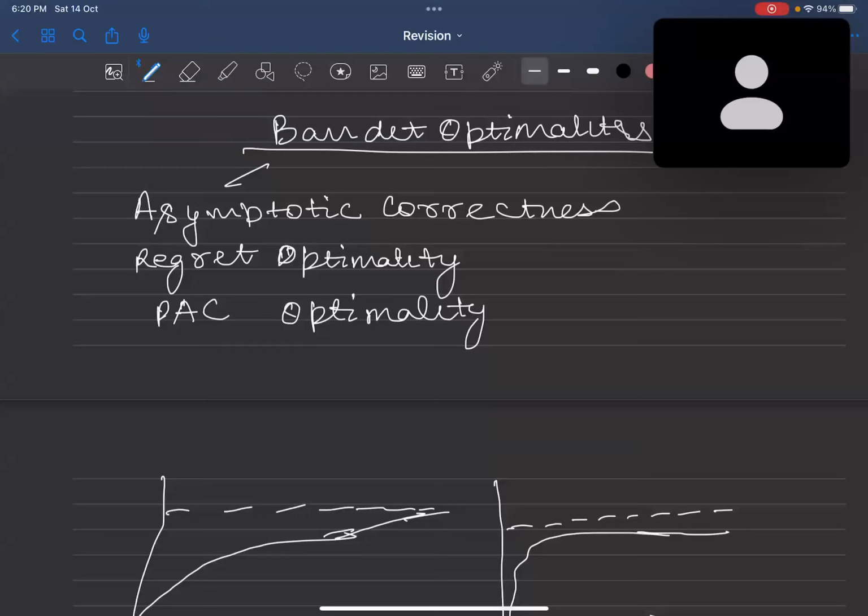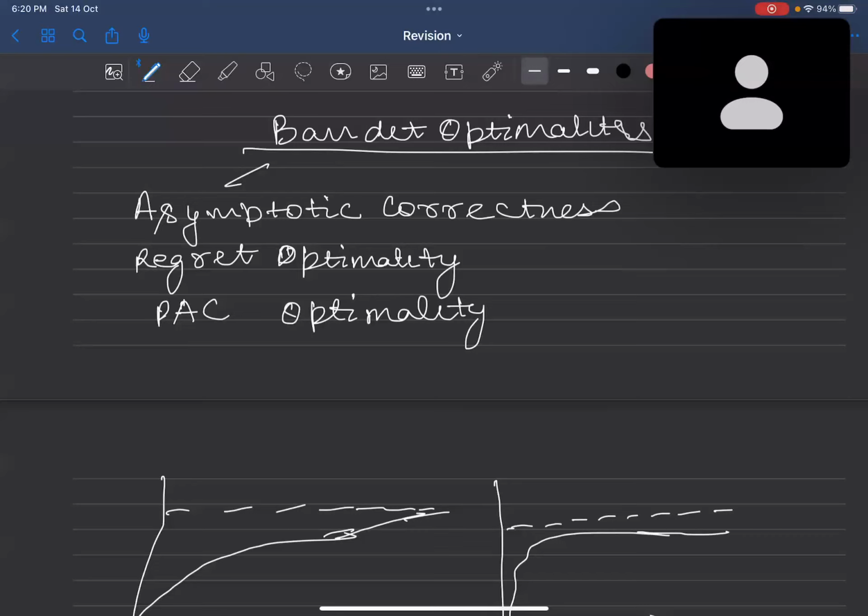In the long run, the algorithm will end up exploiting the best arm to maximize the reward. I will choose the best arm in the long run, if I go till infinity.